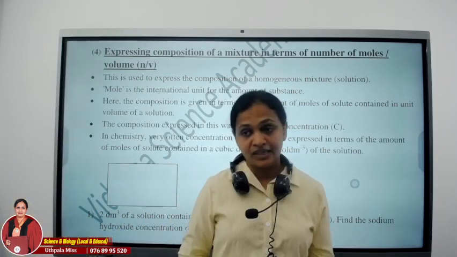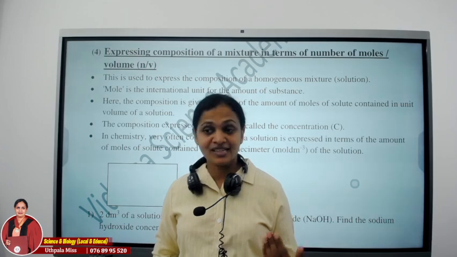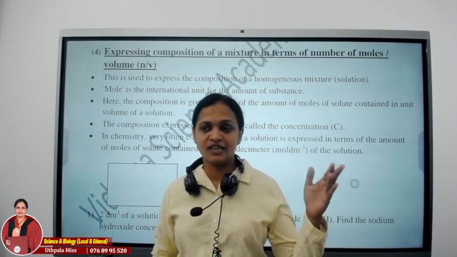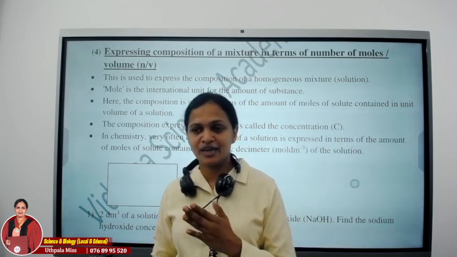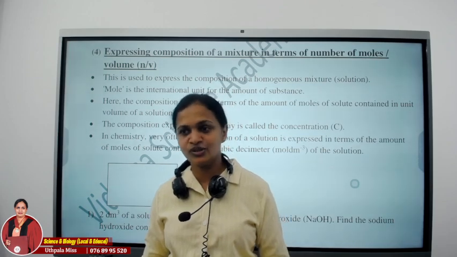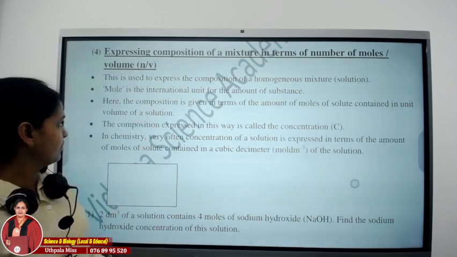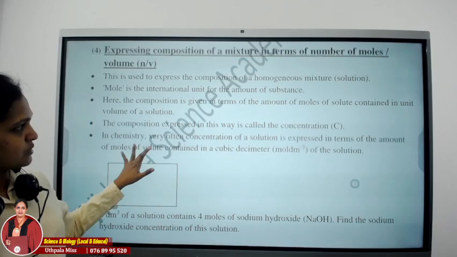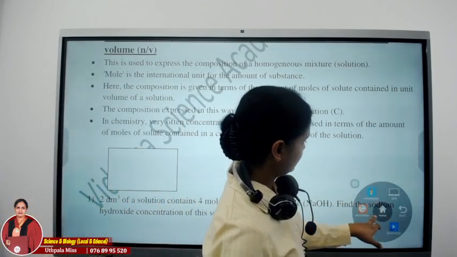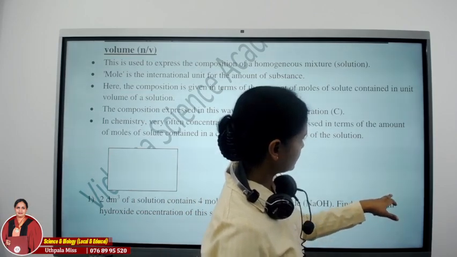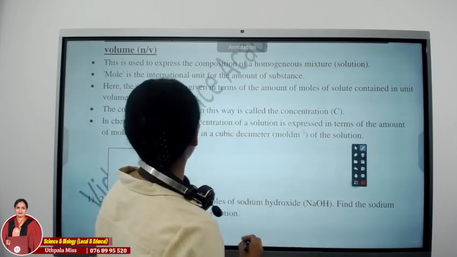It can also be a solid-liquid homogeneous mixture like a salt solution, copper sulfate solution, potassium permanganate solution. For those also we can express the composition by N over V. The composition expressed in this way is called the concentration. So C equals N over V.